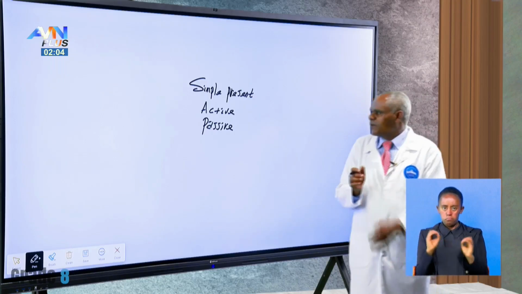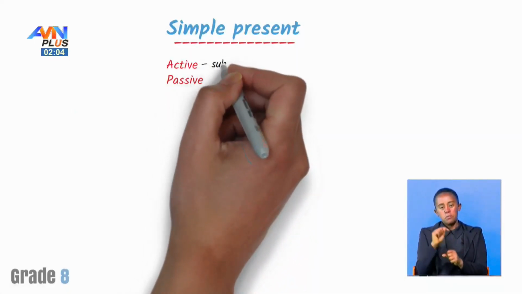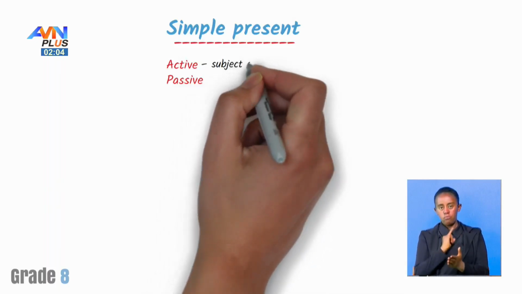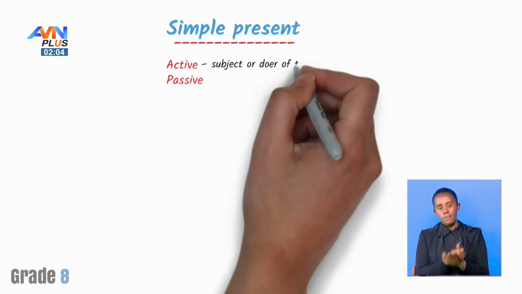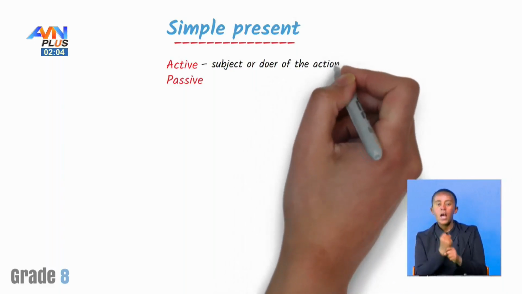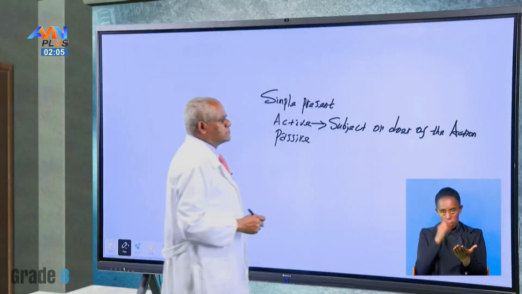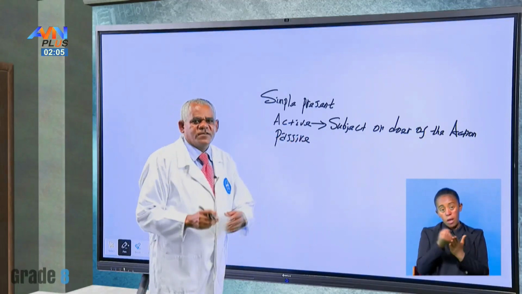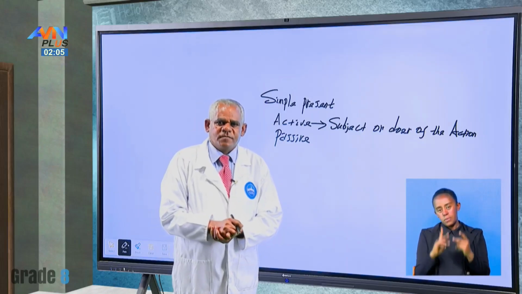Therefore, the doer of the action, the subject, gets more emphasis when you talk about simple present active.